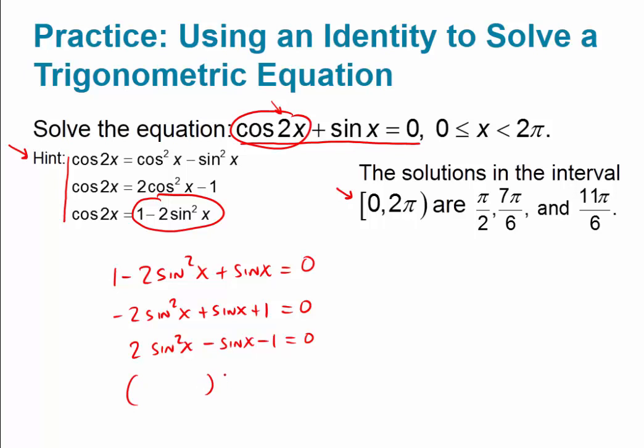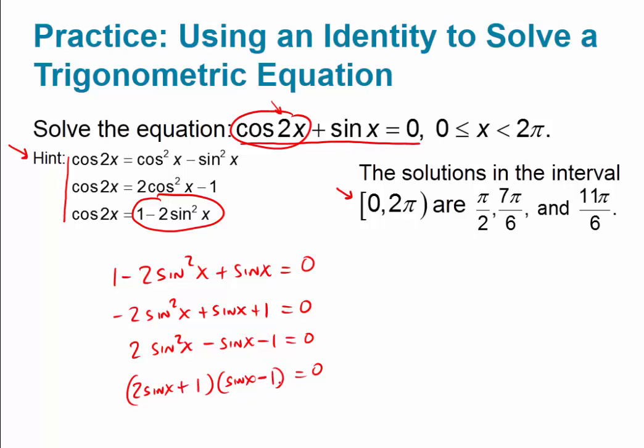So when I look to factor, this is going to be 2 sine of x. Last term is negative, so I want plus minus. I also want to have more negatives in the end, so I'm going to put the minus over here so that when I multiply this times a negative, it will give me a nice big negative value there. So plus here, and then I guess maybe just 1 and 1.